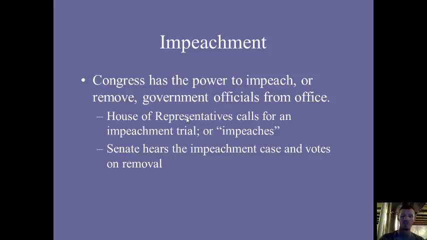The second time this happened, I was in high school, 1996-ish was when it took place, and that was President Bill Clinton. He was put on trial for lying under oath. Members of the House, which were mostly Republican, said that he lied under oath when he was put on oath for some scandal that he was involved in.